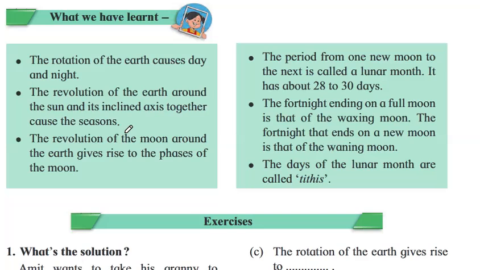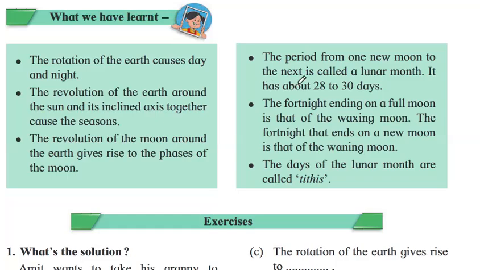The revolution of the moon around the earth gives rise to the phases of the moon. The period from one new moon to the next is called a lunar month.